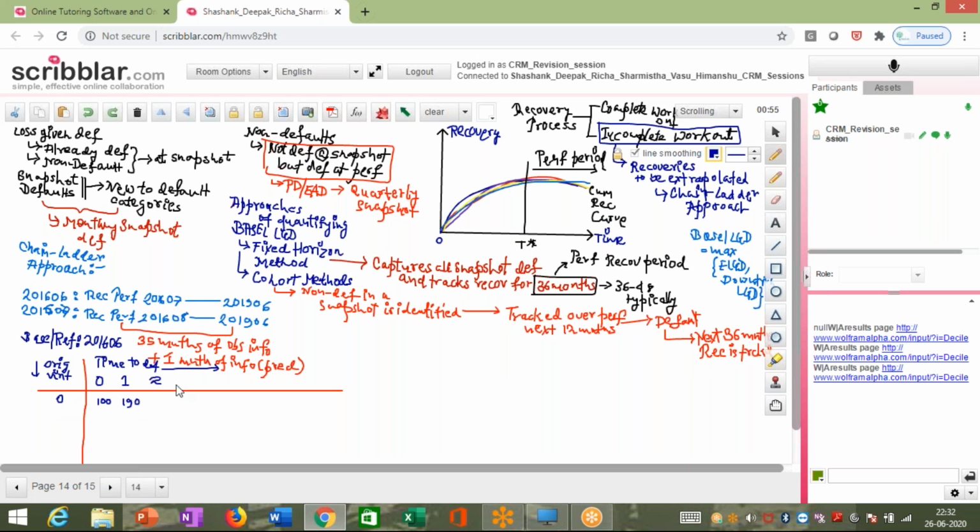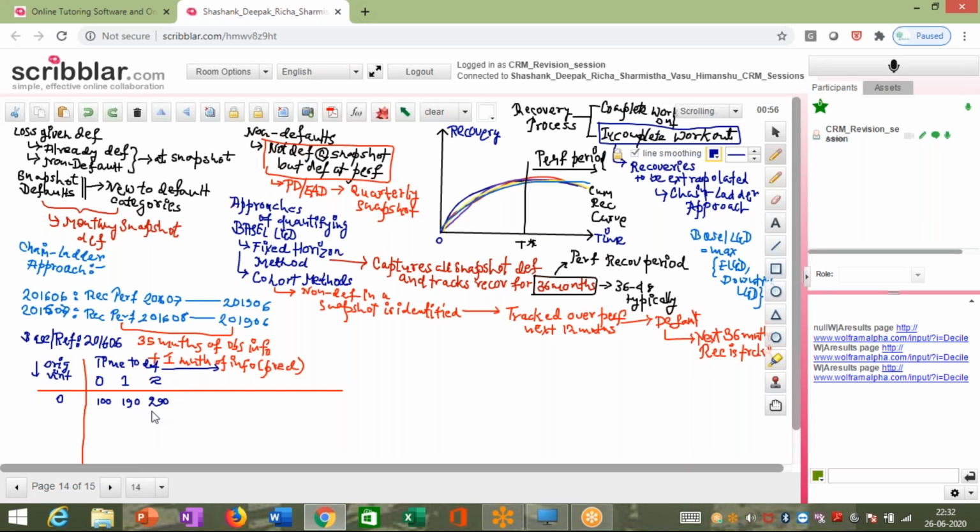One month from default is the second event of collection. Then 2 months from default is the third event of collection. Then the total amount collected is 290.